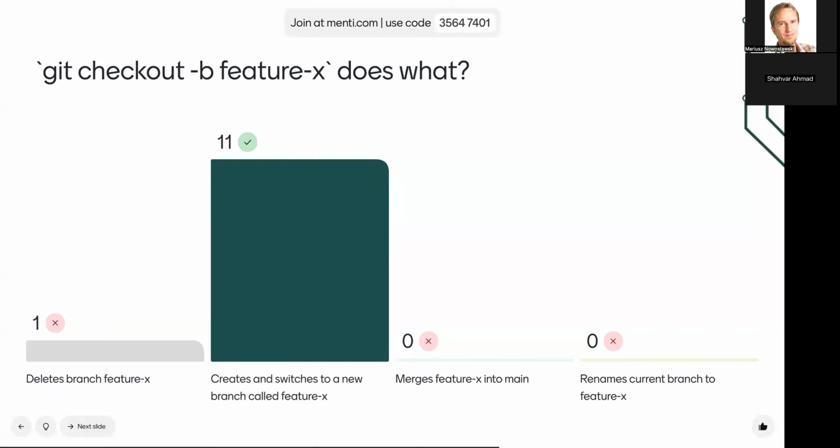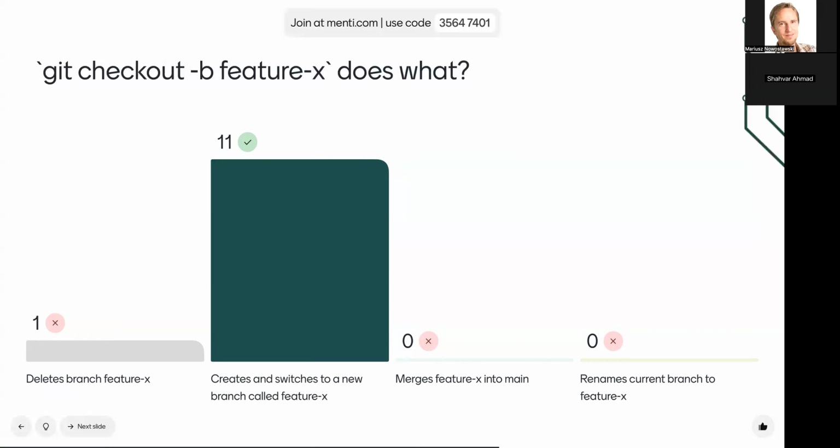Git is sometimes criticized for having a very non-intuitive user interface. People often have certain expectations of how it works, and it's a little bit confusing. And you can see it here. Why would you use checkout to switch to an existing branch, but checkout -b to create a new branch?